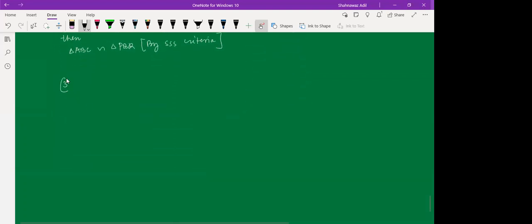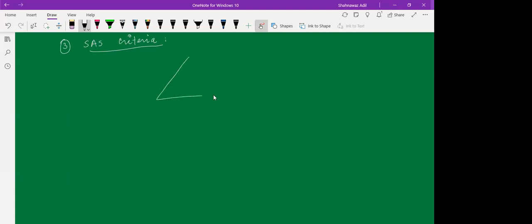The third one is SAS criteria. What is the SAS criteria? You have two triangles, and this angle is very crucial.